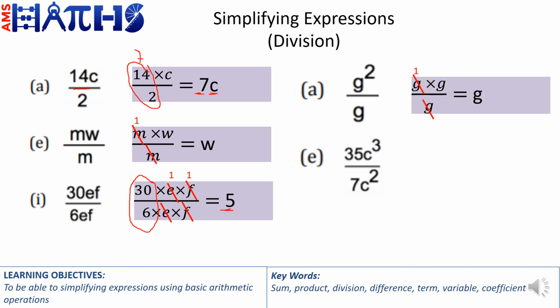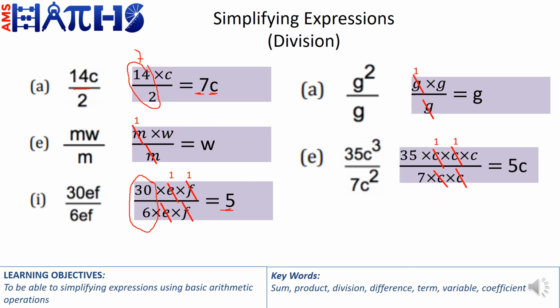On our next example, g squared divided by g. On the numerator, we've written out g times g, and on the denominator, we have g. So g divides g to give us 1, and then another g remains, so it's 1 multiplied by g to give us g. In the final example here, I've broken down 35c cubed to 35 times c times c times c, and on the denominator 7 times c.